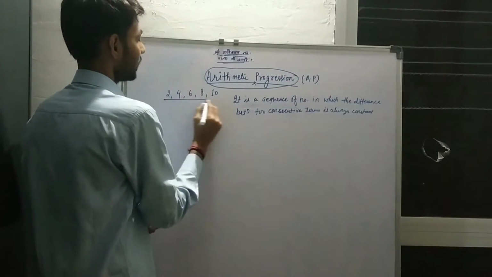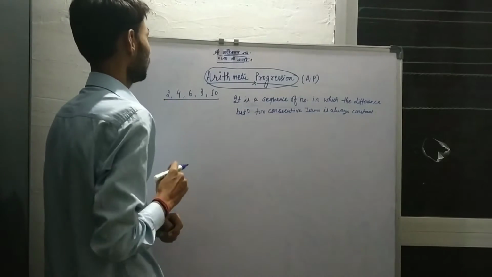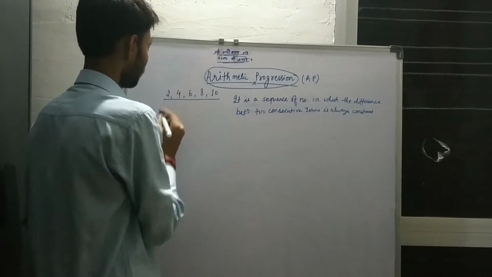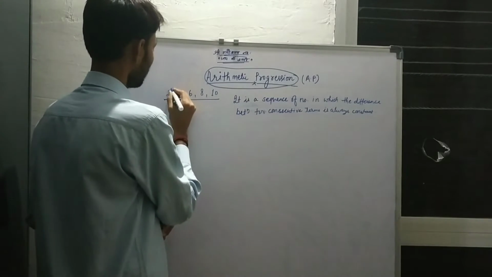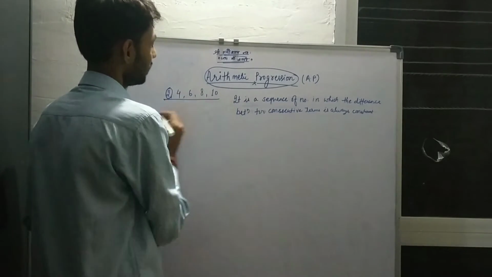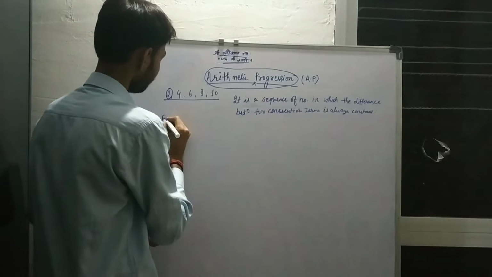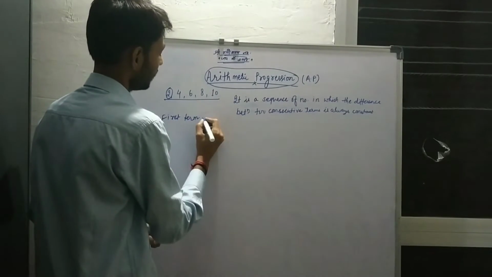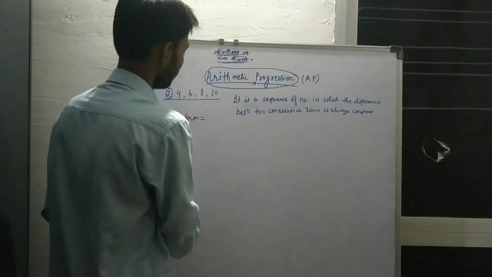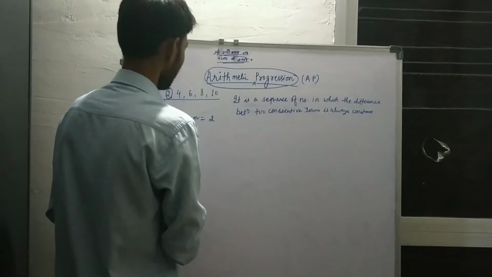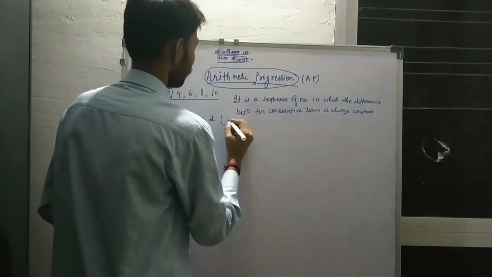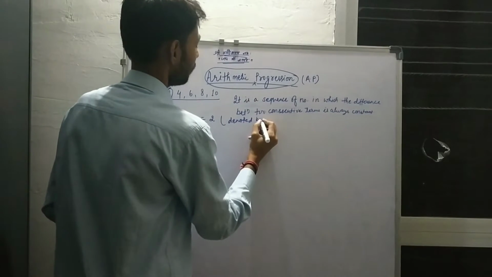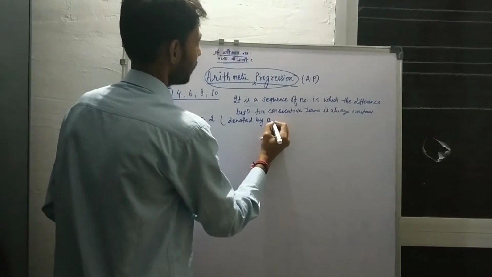If we take the even numbers from 2 to 10, the first term in this sequence of even numbers is 2, and the first term is denoted by a1.